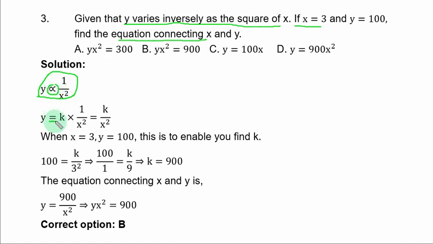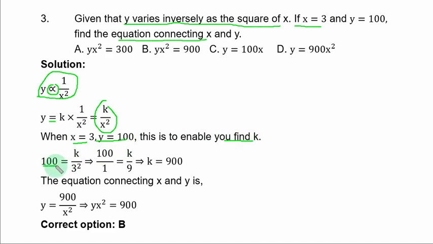As you are doing that, there is introduction of the constant of variation. So you have y equal to k times 1 over s squared, which is k over s squared. The reason you have s equal to 3, y equal to 100 is to enable you find k.